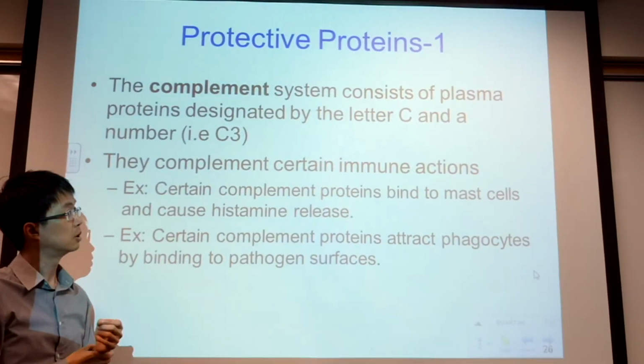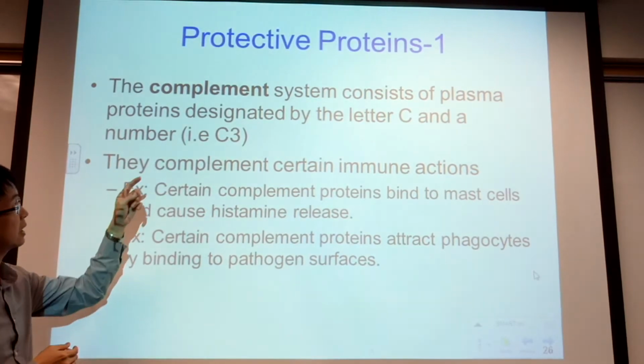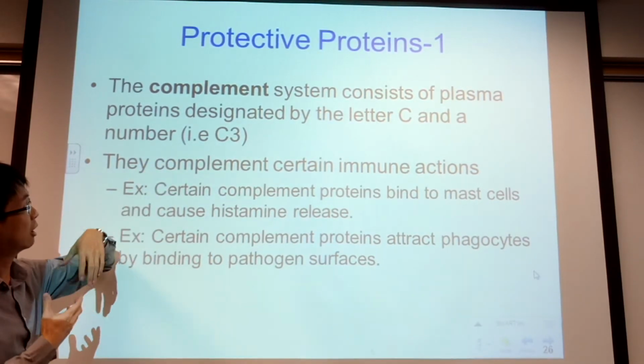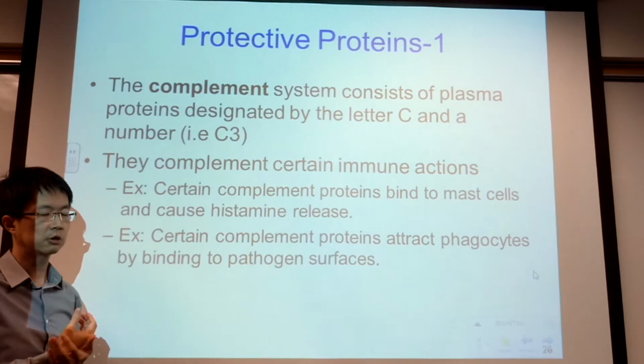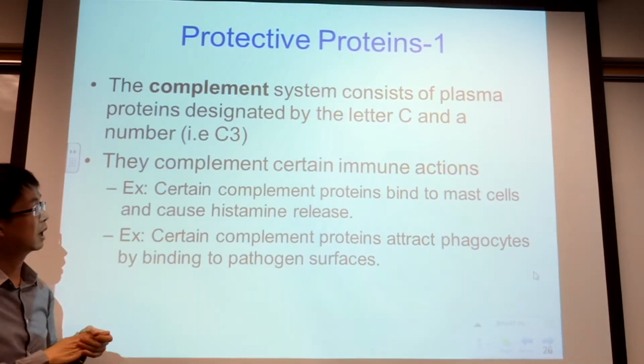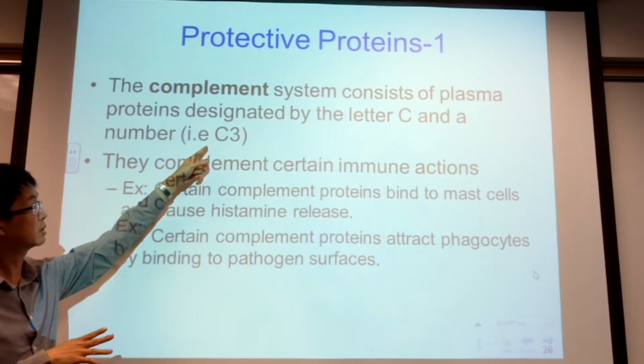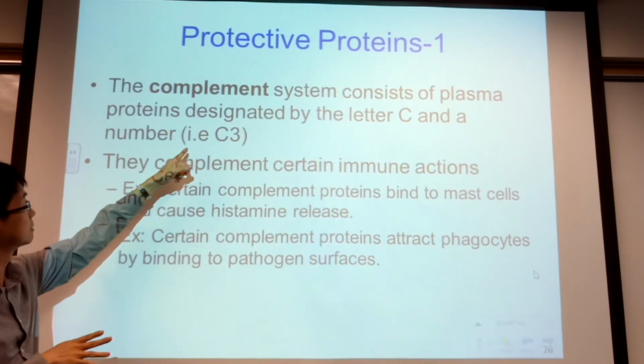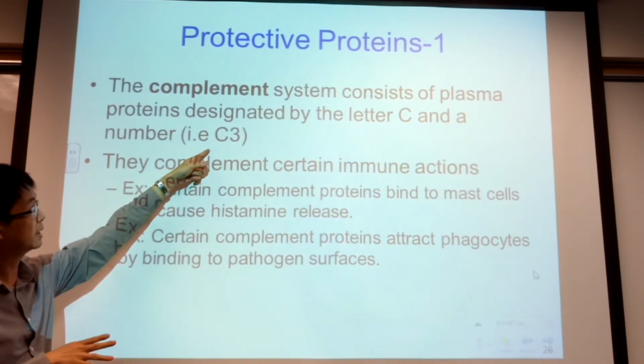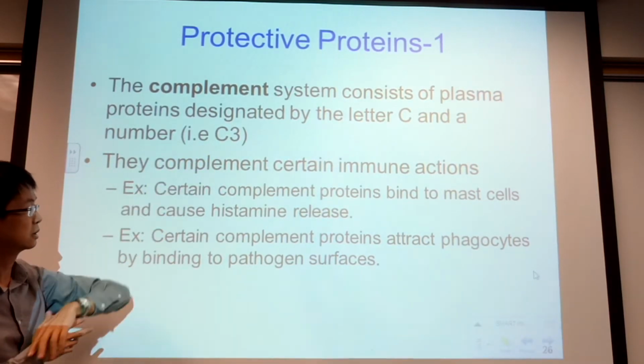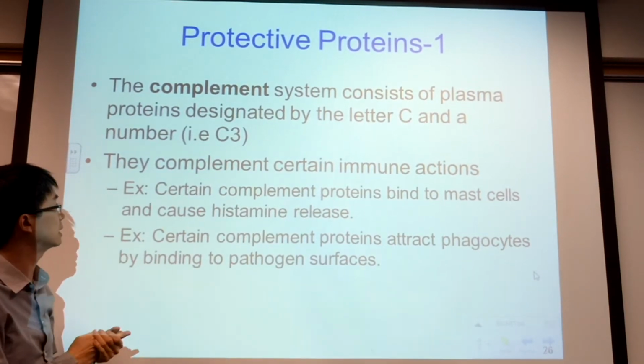Complement. So what is complement? Okay, the complements are also proteins in your blood. We usually use big C and then a number. So there are many different types of complement.